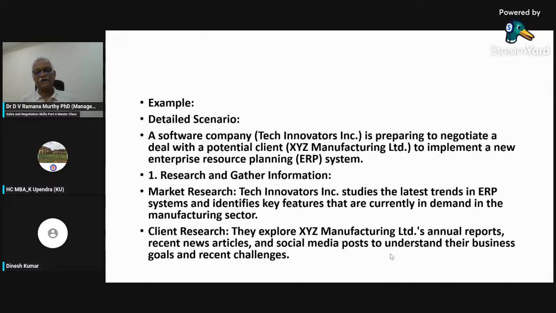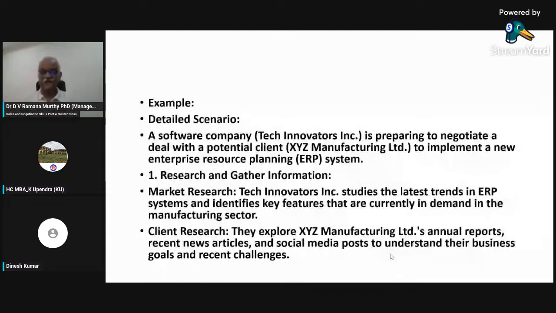Now let's examine what you're supposed to do. Step one, step two, step three. One, research and gather information. One is market research. The sales organization, Tech Innovators Incorporated, first needs to study the latest trends in ERP systems, what the different varieties of ERP systems are and how they can best suit, and identify key features that are currently in demand in the manufacturing sector.